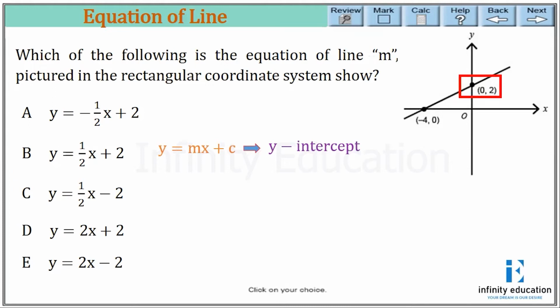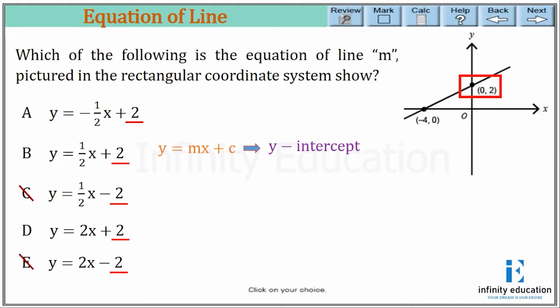So if we put x equals 0, y is 2, which means 2 is the y-intercept for the line. Now if we check the options one by one, the first one can be the answer, the second one can be the answer, the third one cannot be, because it has a y-intercept of -2, so we can eliminate option C. The fourth one can be the answer, the fifth one cannot be because it also gives -2, so I can eliminate E as well.